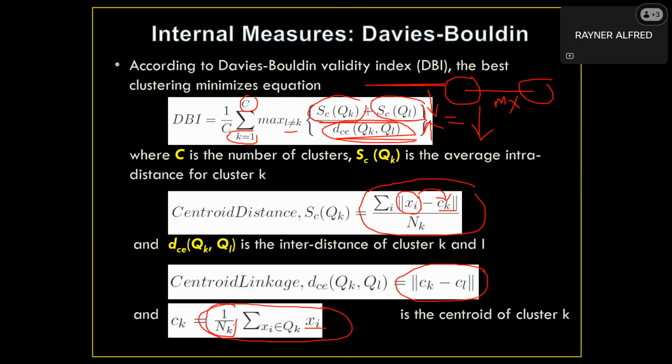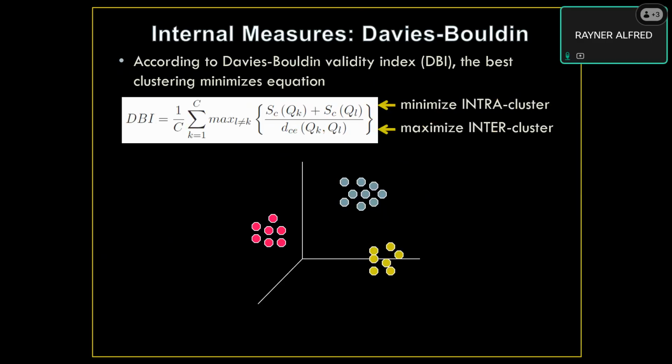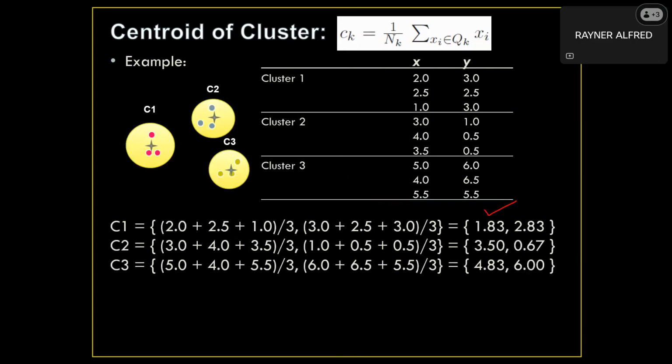Okay, so how do we actually apply this? Our aim is to minimize the intra-cluster and maximize the inter-cluster. Given this example, we have three clusters: cluster 1, cluster 2, and cluster 3.